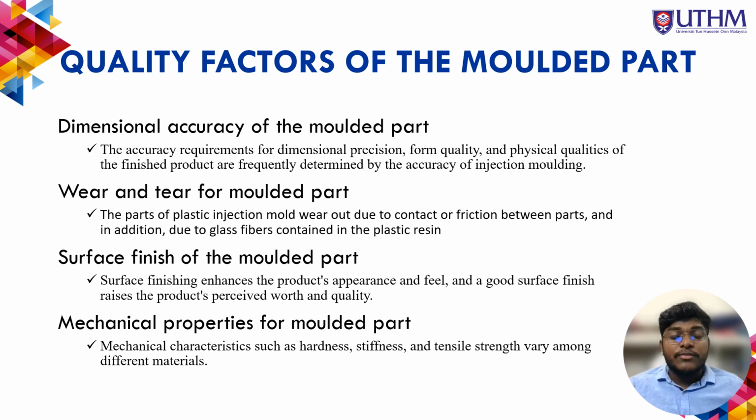Surface finish. Surface finishing enhances the product's appearance and feel, and a good surface finish raises the product's perceived worth and quality. Mechanical properties of the molded part. Mechanical characteristics such as hardness, stiffness, and tensile strength vary among different materials.